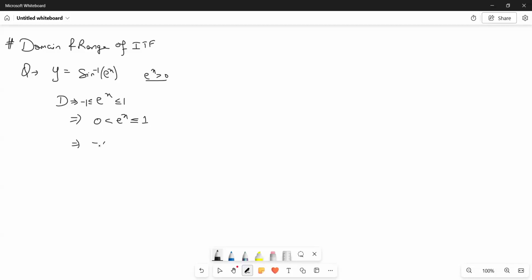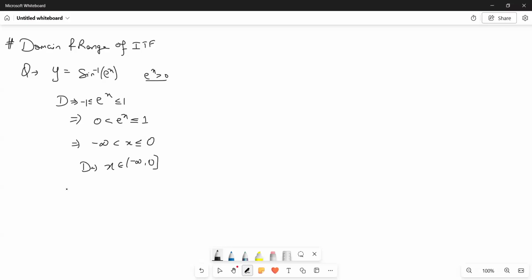So ln 0 would be minus infinity less than x less than or equal to ln 1, which is 0. So the domain of sine inverse of e power x would be x belongs to minus infinity to 0.